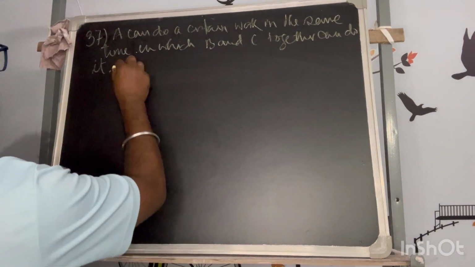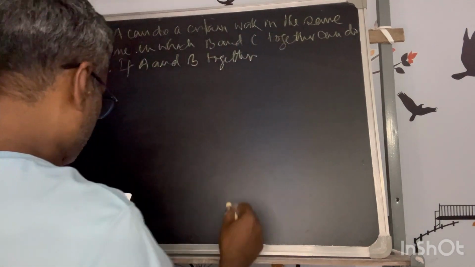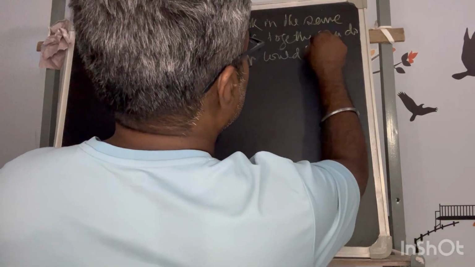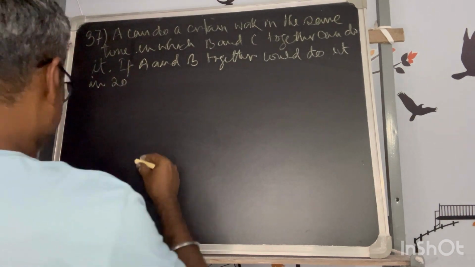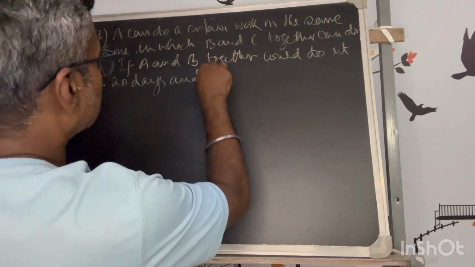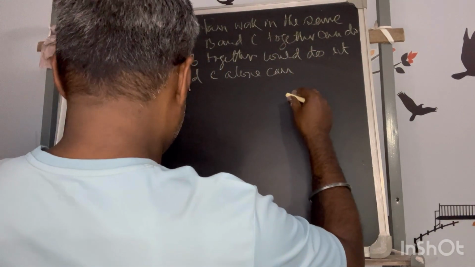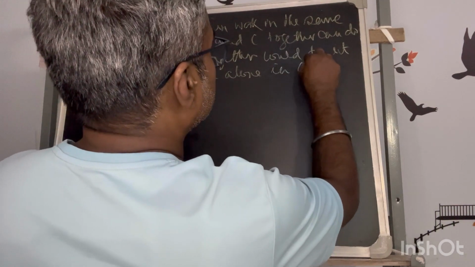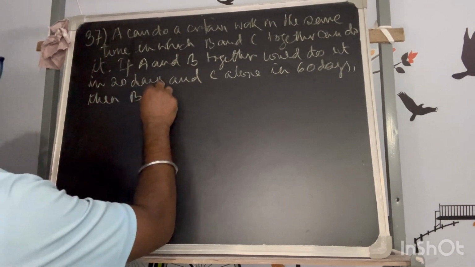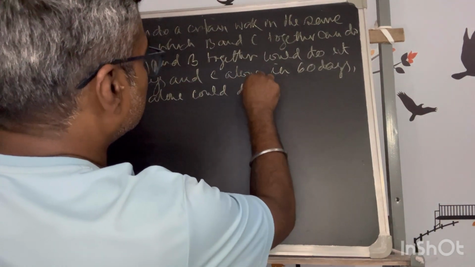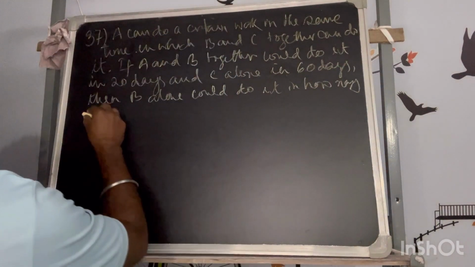If A and B together could do it in 20 days, and C alone in 60 days, then B alone could do it in how many days?